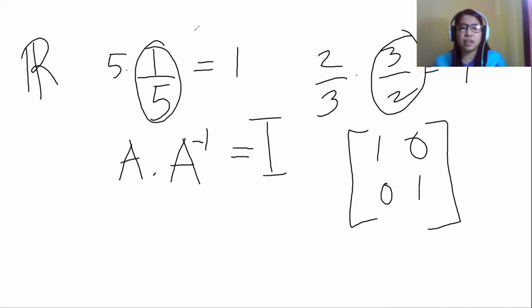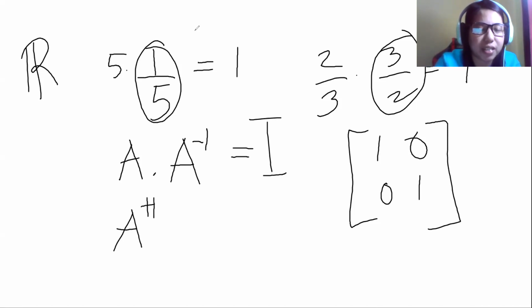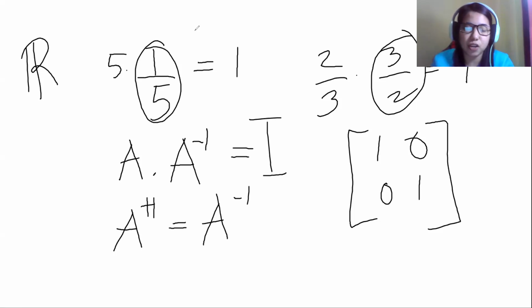Now, to determine whether our matrix is a unitary matrix, given that if A sub H is equal to its inverse, then it means that it is unitary.